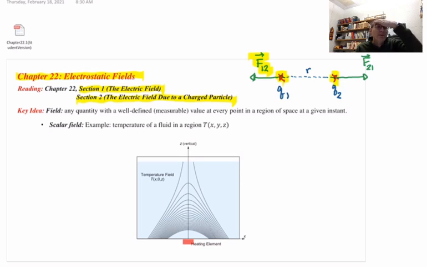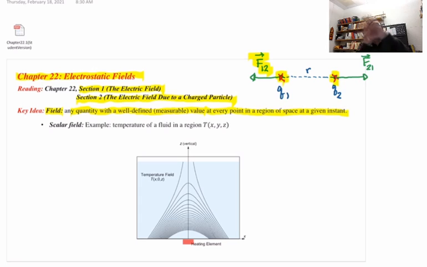Now, before we jump right in to calculating electrostatic fields, let's warm up just a little bit with the concept of field more generally. A field in physics and mathematics, it's not the agrarian or agricultural meaning of the term. A field is any quantity with a well-defined value, that means it could be measured with the appropriate instrument, at every point in a region of space at a given instant.